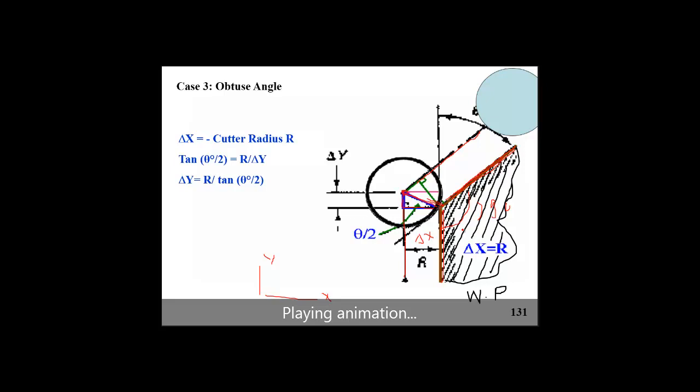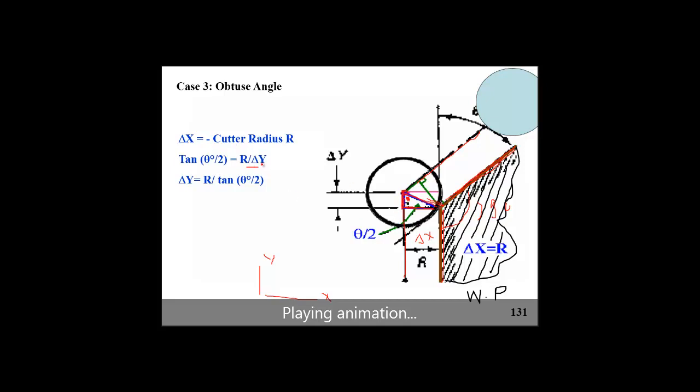What do you know about this triangle? If this angle is theta, then that angle equals half of theta. Again, apply the same trigonometric relationship: tan half theta equals the opposite, which in our case is r, divided by the adjacent edge, which in our case is dy.